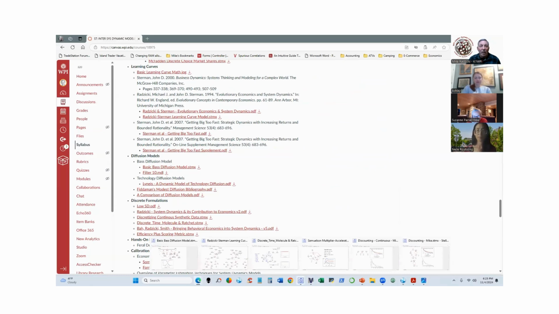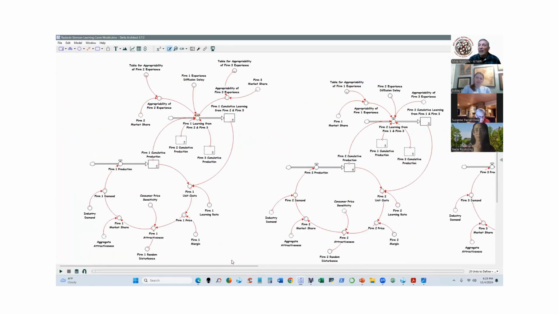So some years ago, more than I care to admit, I think it was 1994, so that would be like 30 years ago, John Sturman and I were asked to do a chapter in a book. It was about evolutionary systems. The question was, can system dynamics models evolve?